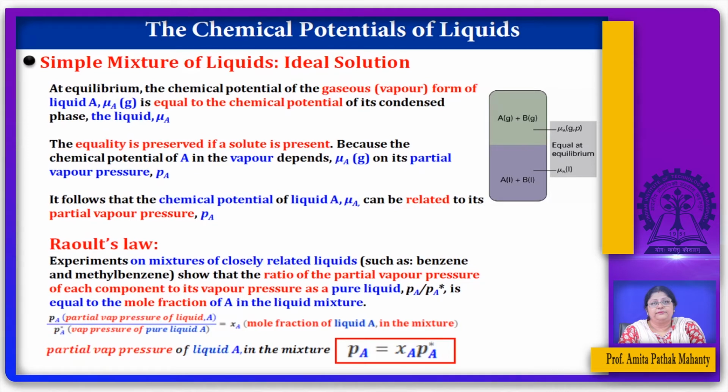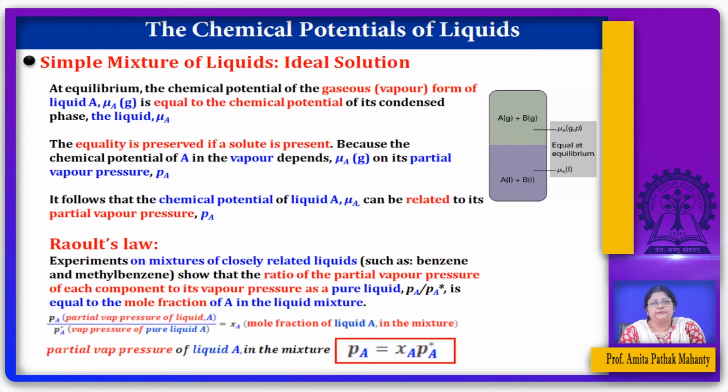And we have said this equality will be maintained even if we add a small amount of solute, which is also a liquid, B, into the system, because the chemical potential of A in the vapor state depends on the partial vapor pressure P_A. Okay, that's what we had just now discussed.